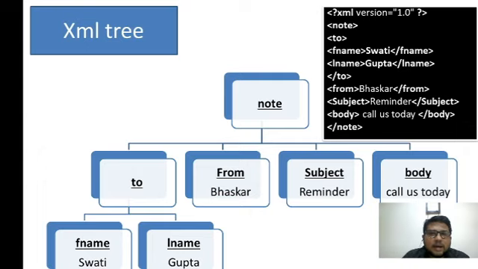After that I have 2, the parent element, and under that I have the child elements, f name and l name. Then I have written subject and body, and whatever I have written inside the content, I have also written down there. So this is how you draw an XML tree.